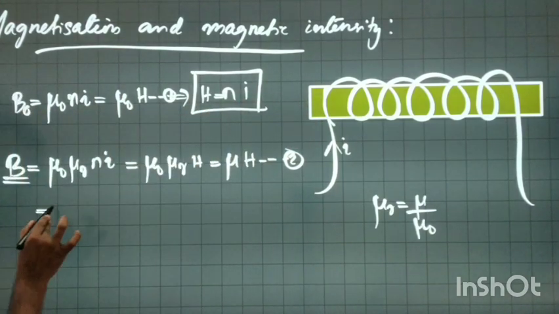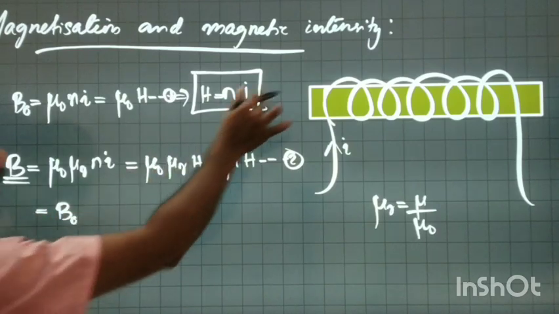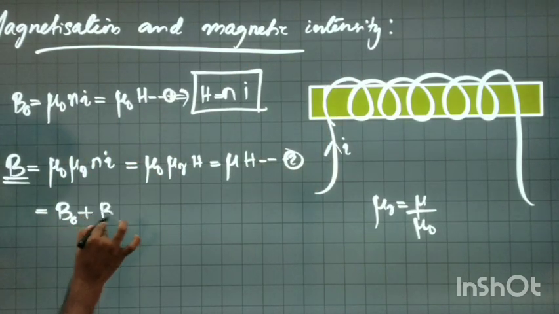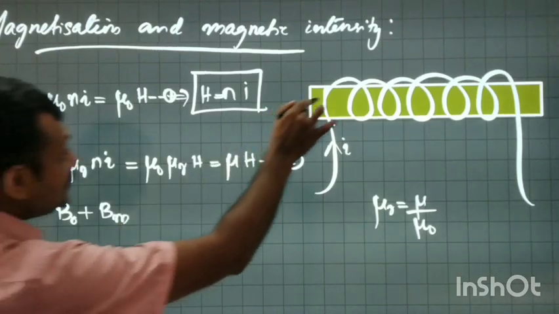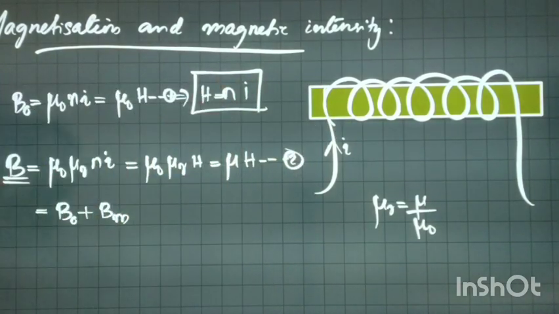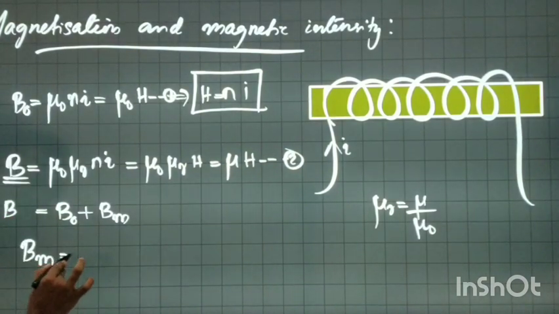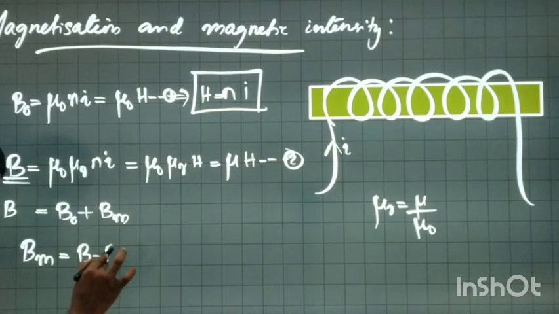If I write B0, the magnetic field associated with the solenoid, plus Bm, the contribution from the magnetization of the material of the core, B0 plus Bm is equal to B. Or I will say Bm is equal to B minus B0.